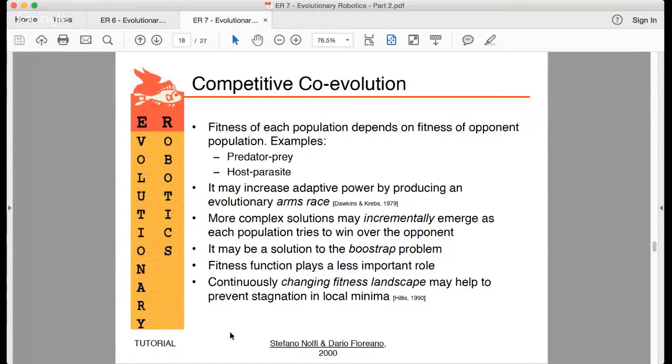Also, more complex solutions may incrementally emerge as each population tries to win over the opponent. Competitive coevolution might be a solution to the bootstrap problem. I don't know if you guys agree with that. Please feel free to use the chat window to share your opinions with us. The fitness function plays a less important role in this competitive coevolution. And finally, continuously changing fitness landscape may help to prevent stagnation in local minima.